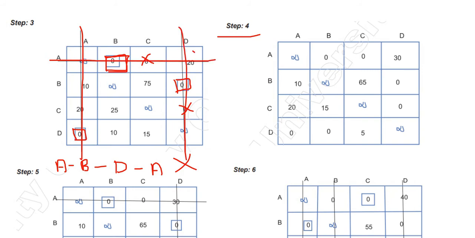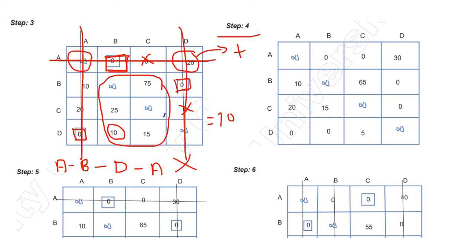There's always a step that we have to remember here: the elements which have been crossed over will be added by the minimum amount, while for the remaining elements in this column we will take the minimum element from this column, that is 10. So here our element will be 10.